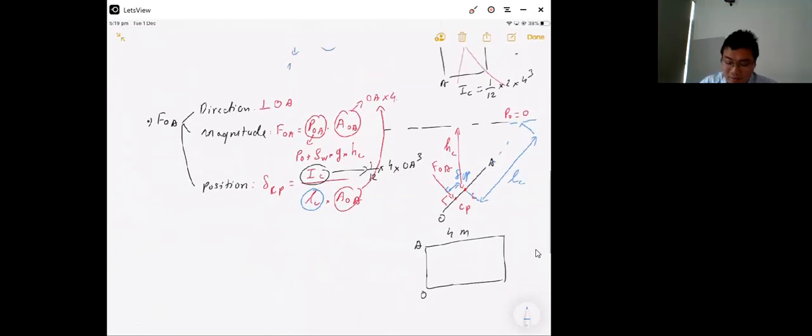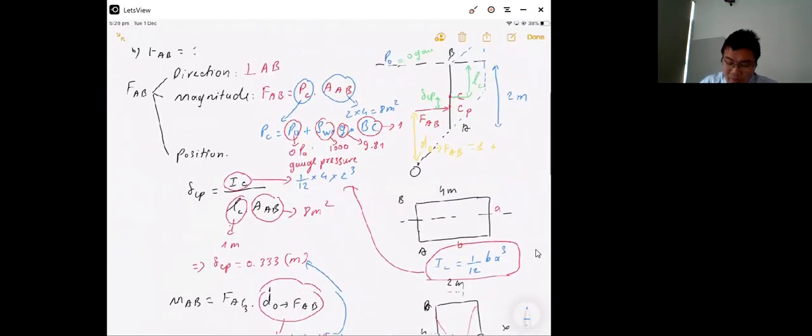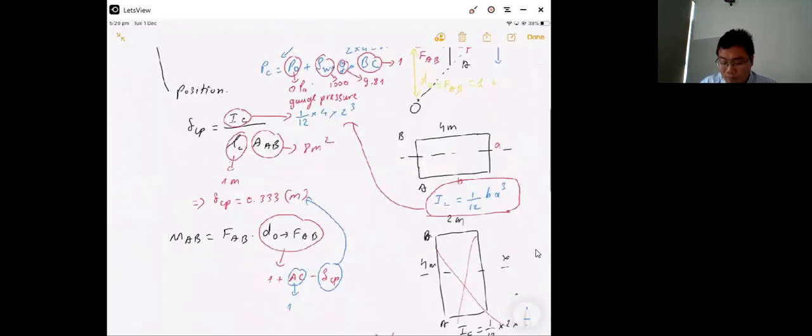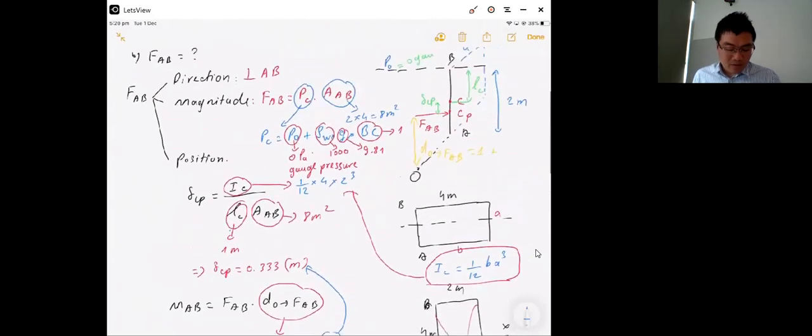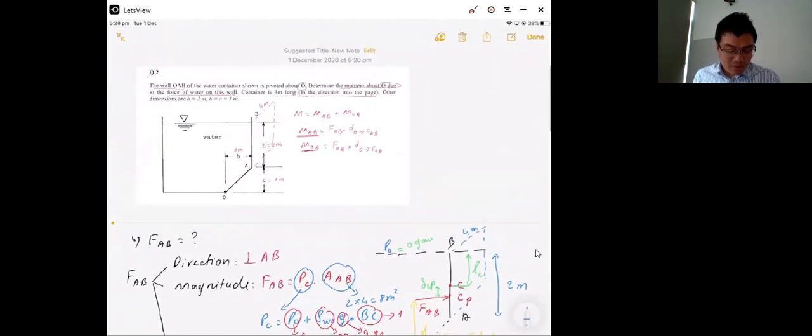Okay. For AB, LC in vertical, but LC in this case is in OA direction. So you can find LC depends on the given dimension you have on the question.